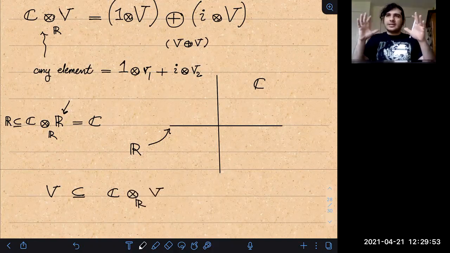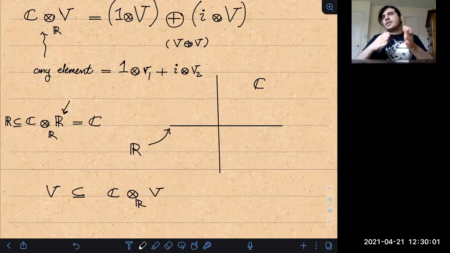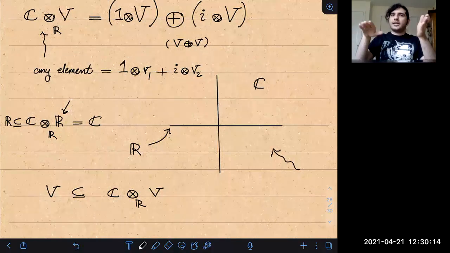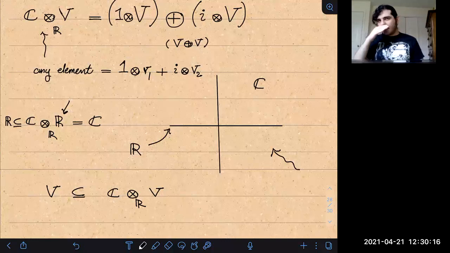This inclusion is a natural inclusion, but it's not really a set theoretic inclusion. What does that mean? A lot of times we think about R as a subset of R2, just like the figure we have here. It kind of looks like R2 and we have R inside that, right? This is the type of inclusion we have here.